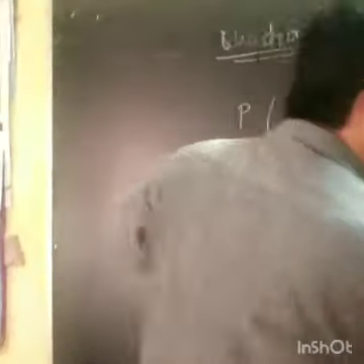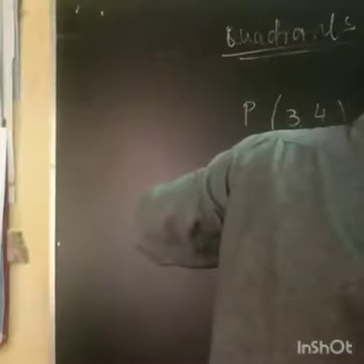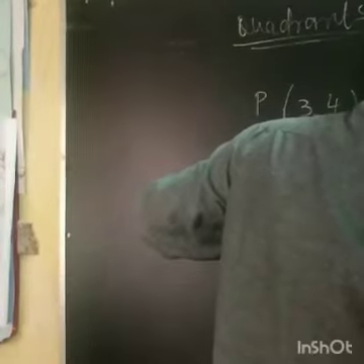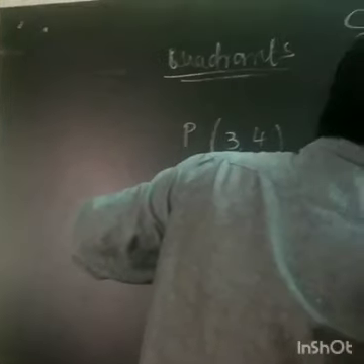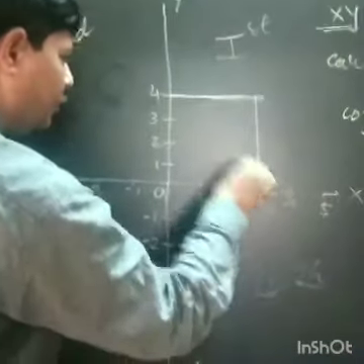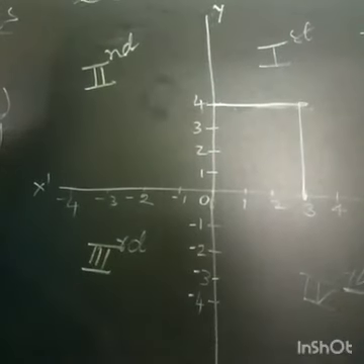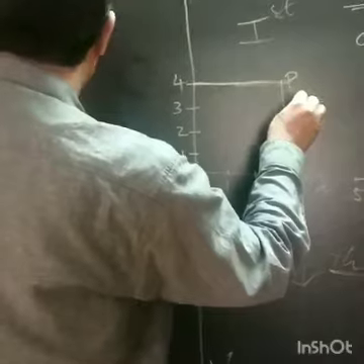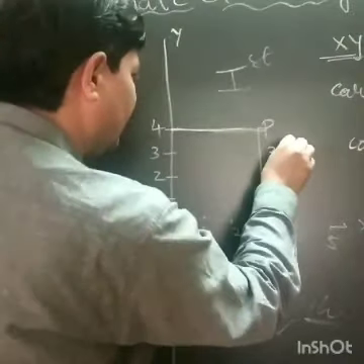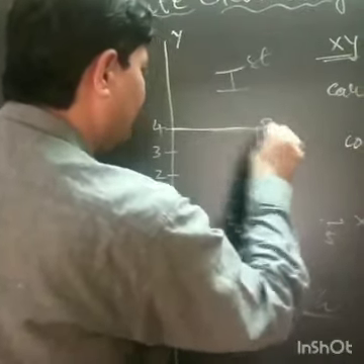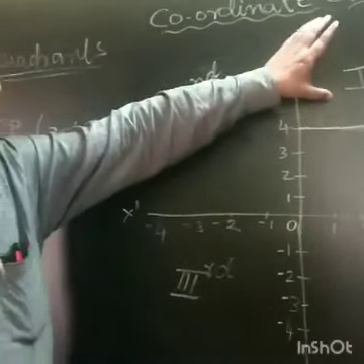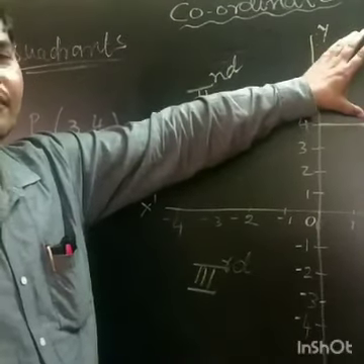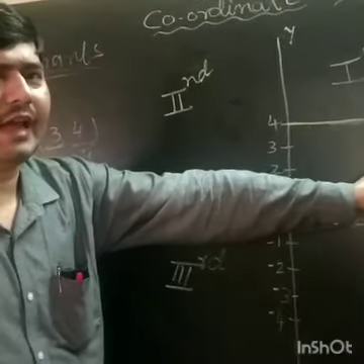So we mark the point like this: 3 units on the x-axis and 4 units on the y-axis. P is located in the first quadrant and the coordinates are (3, 4).